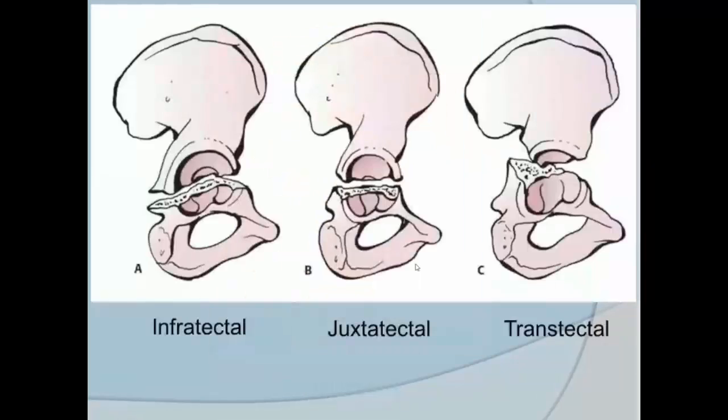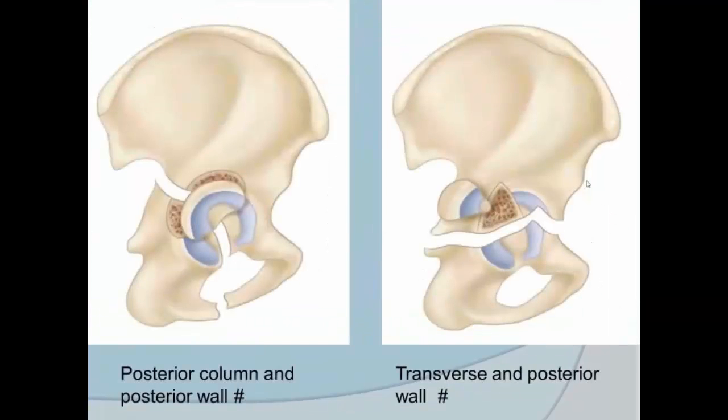Then there is a subdivision of the transverse fracture. As I told you, the very top part of the dome is known as the tectum. So if it's lying below the tectum, it's an infratectal fracture. If it's lying just beside the tectum, it's a juxtatectal fracture. And if it's involving the tectum, it's a transtectal fracture. The associated fractures, as I told you, involve the posterior wall and column.